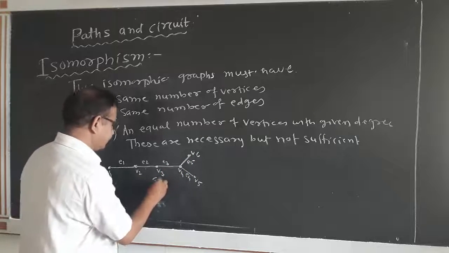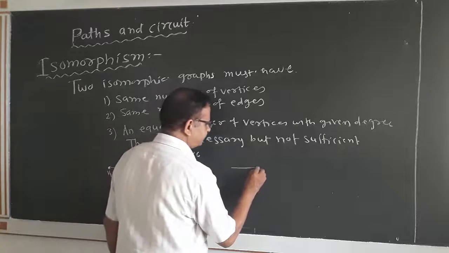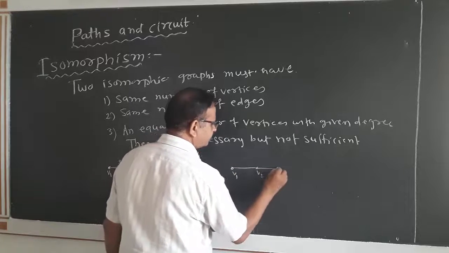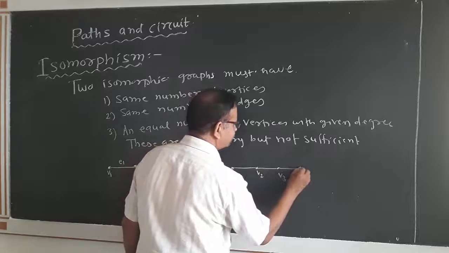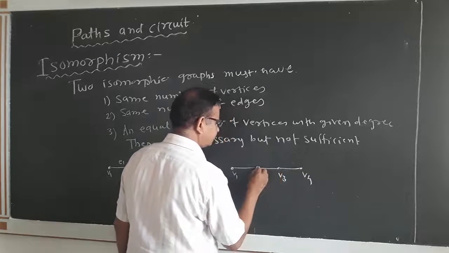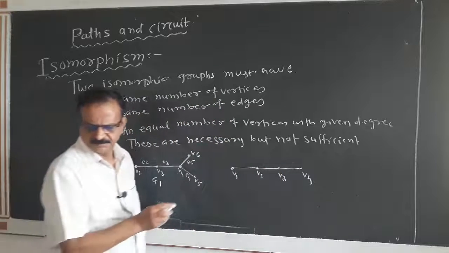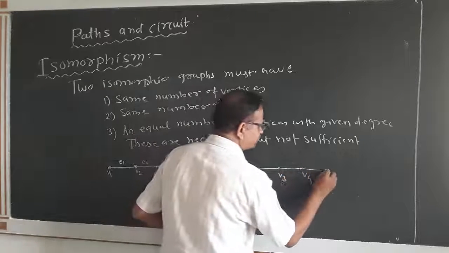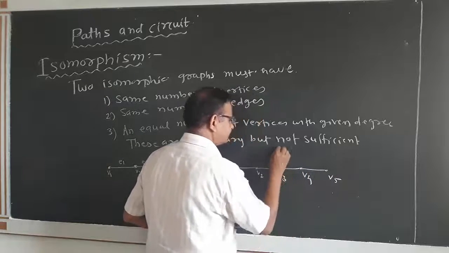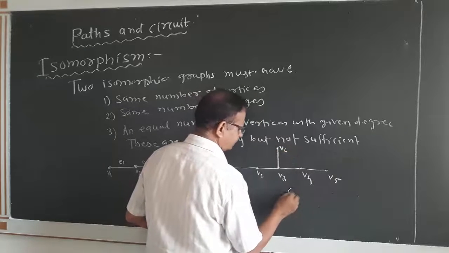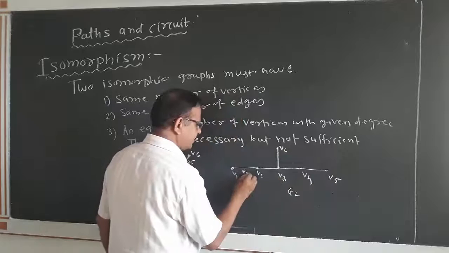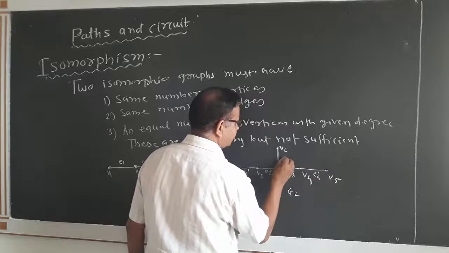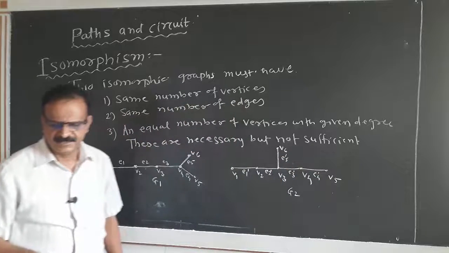Now we shall draw the second graph, G2, with 6 vertices. Here the edges are E1 dash, E2 dash, E3 dash, E4 dash, E5 dash. These are the two graphs.